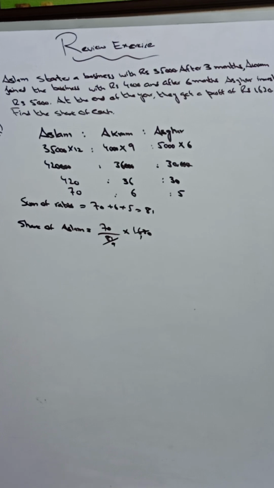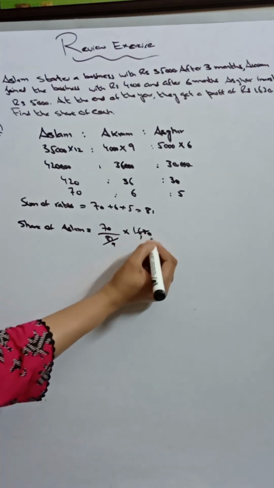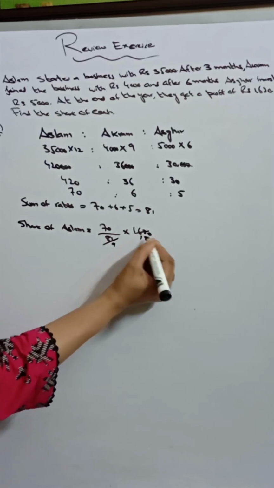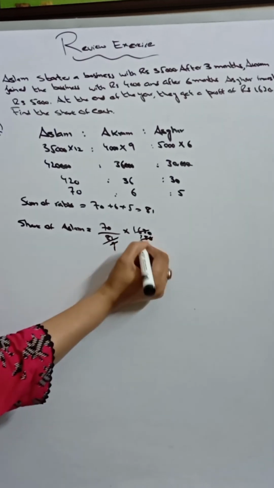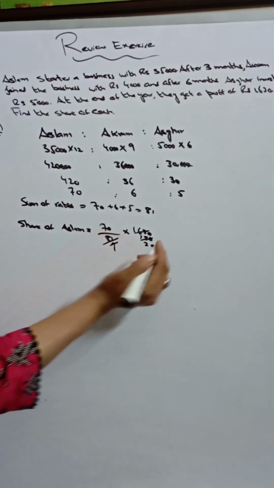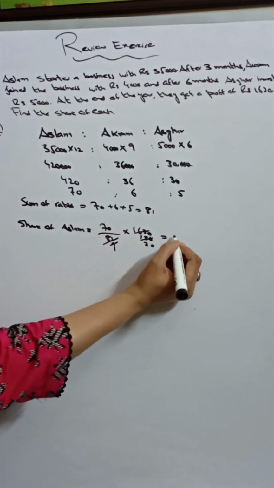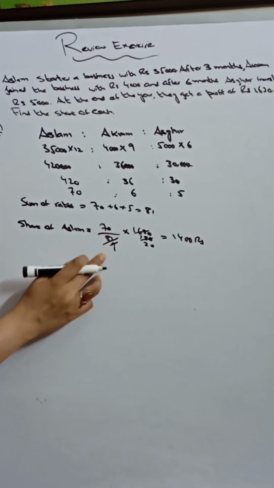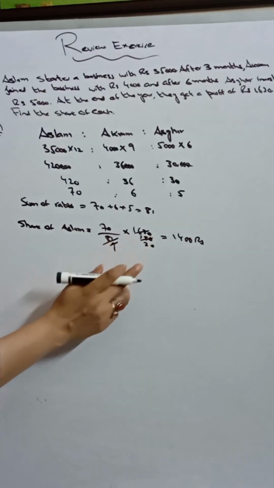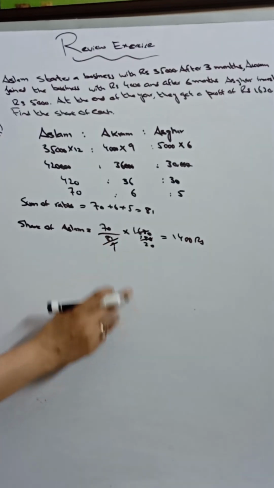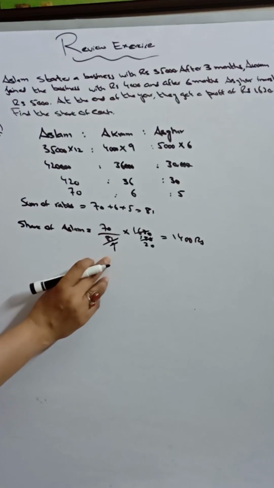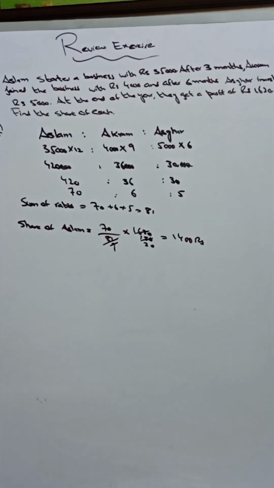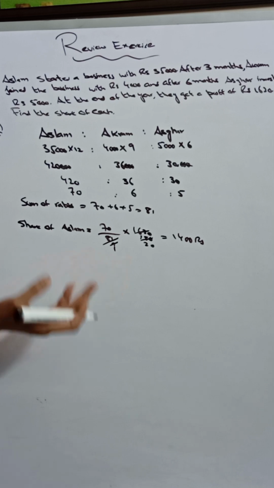Yes, you are right. 9 20s are 180, so 20 multiplied by 70 gives 1400 rupees. All right, you will do it by yourself.